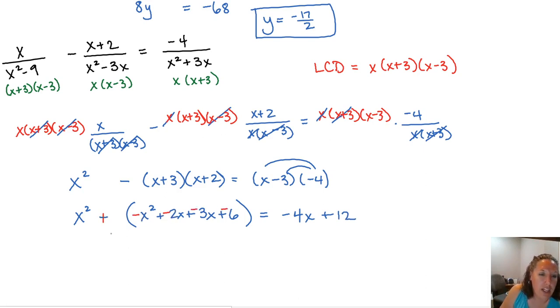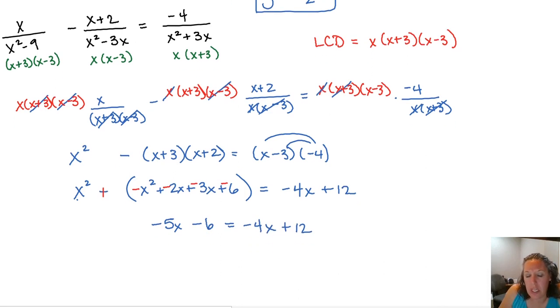So when we combine like terms, x squared and negative x squared are going to add to 0. Negative 2x minus 3x is negative 5x minus 6. And on the right hand side, we get negative 4x plus 12. I do like to keep my coefficient on my x positive, so I am going to move my x's to the right hand side on this one.